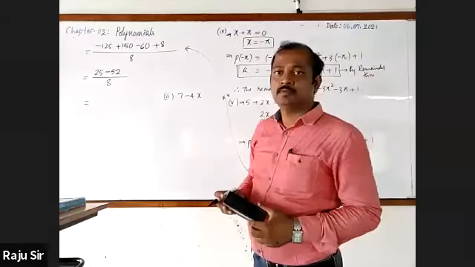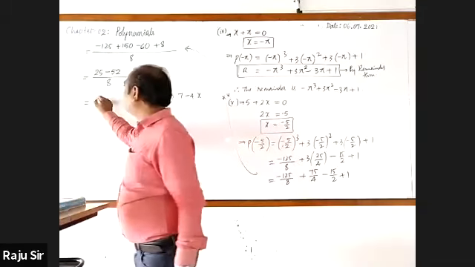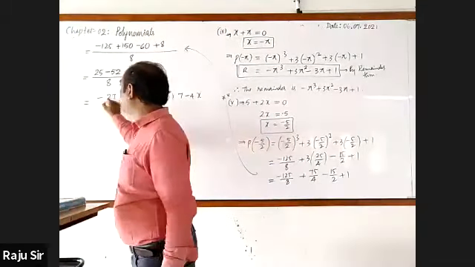Minus 27, so minus 27 by 8. This is the value of P of minus 5 by 2, which is nothing but the remainder by the remainder theorem. Write the conclusion. Therefore, the remainder is minus 27 by 8.